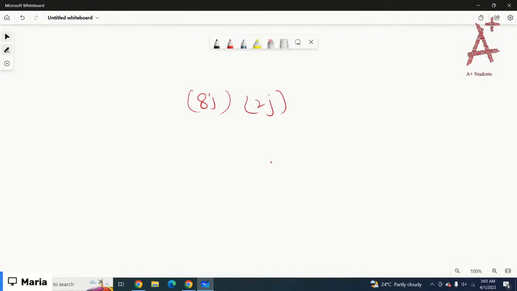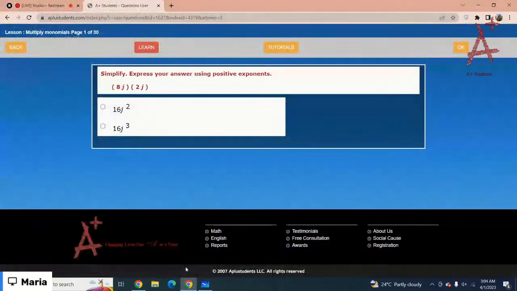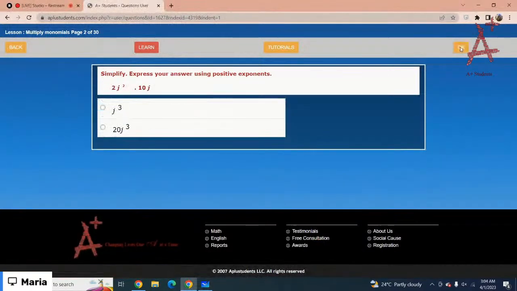So you have to multiply the coefficients. 8 times 2 is 16 and j times j equals j square. Got it? It would be 16j square. So the correct option is 16j square. Just select the correct option and click on the OK button.